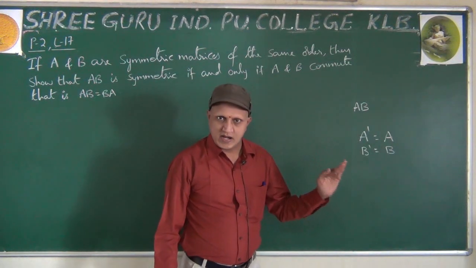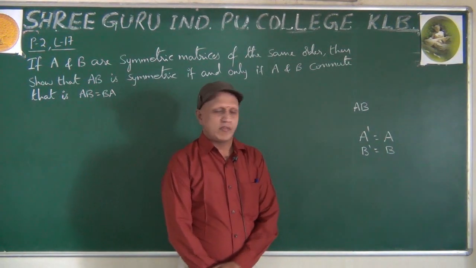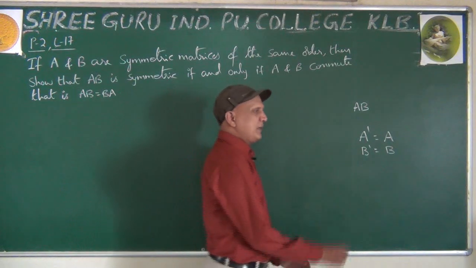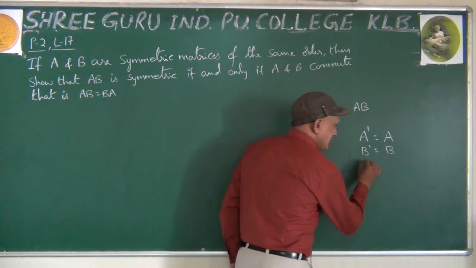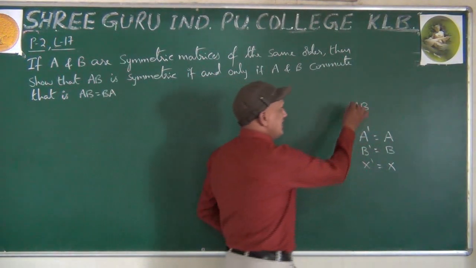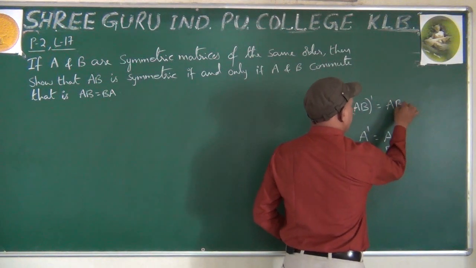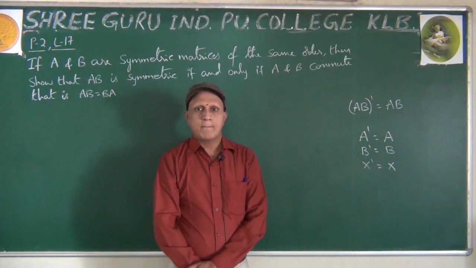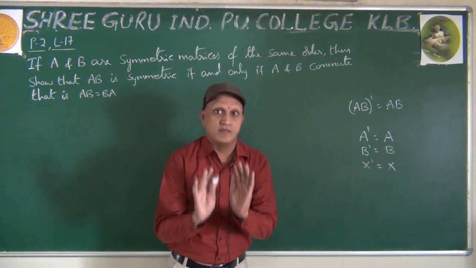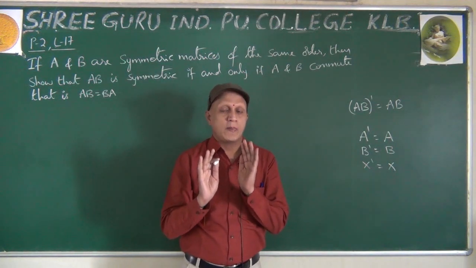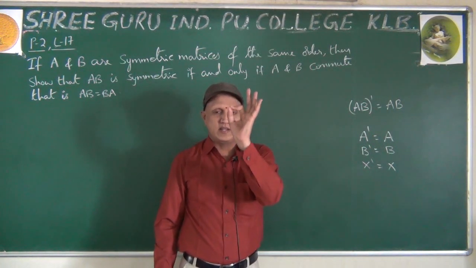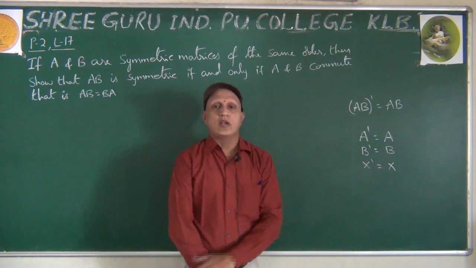B is a symmetric matrix means B dash equal to B. A is a symmetric matrix means A dash equal to A. Capital X is a symmetric matrix means X dash equal to X. AB is a symmetric matrix means AB whole dash equal to AB. As per the symmetric matrix definition, that is the thing we have to prove.